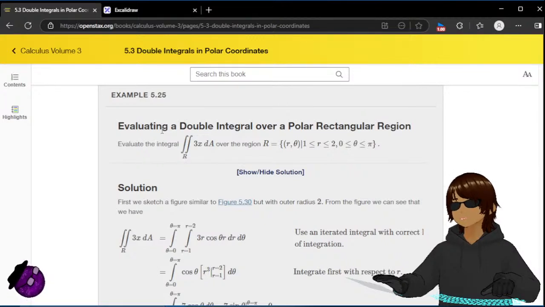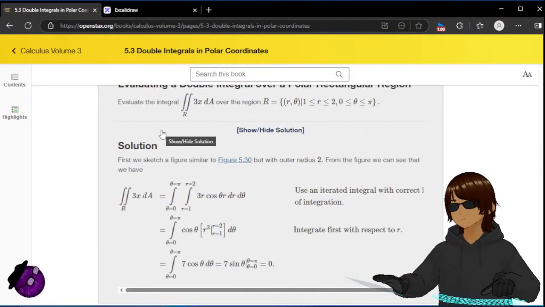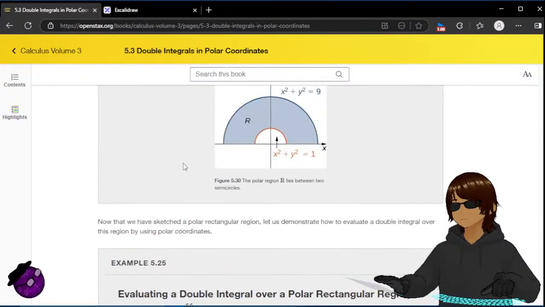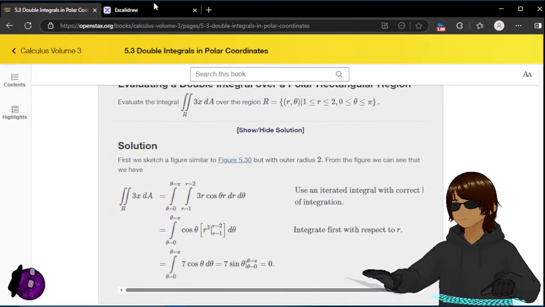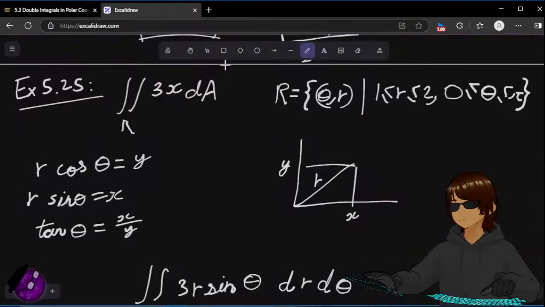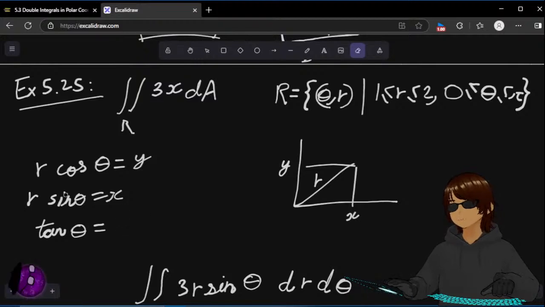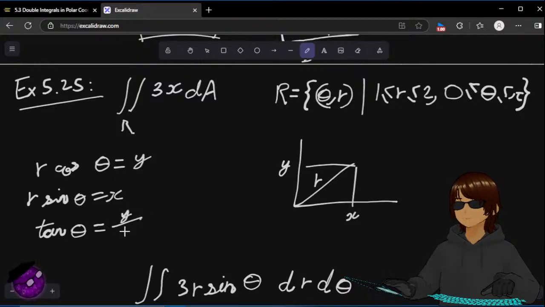R cos theta r. Wait, hold on. This is the y. I got it all wrong. Don't know why I did that. This is cos. This is sine. Opposite over adjacent.